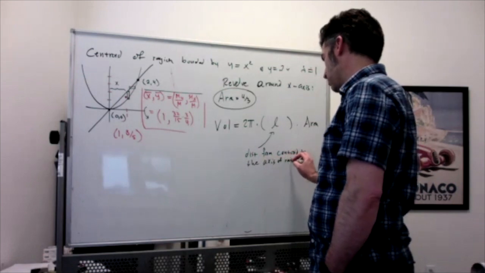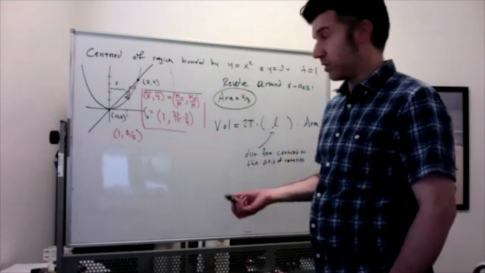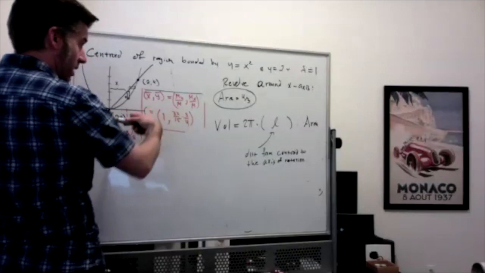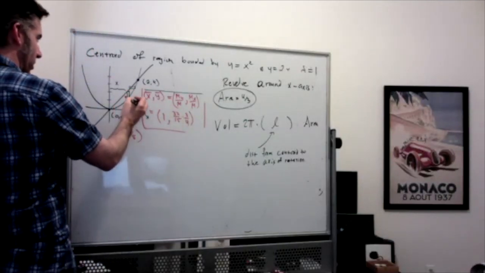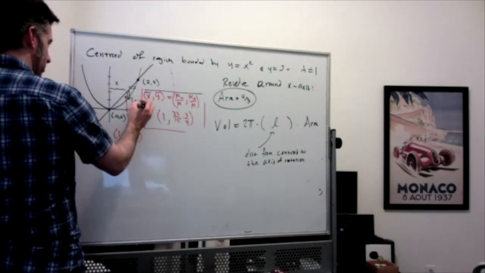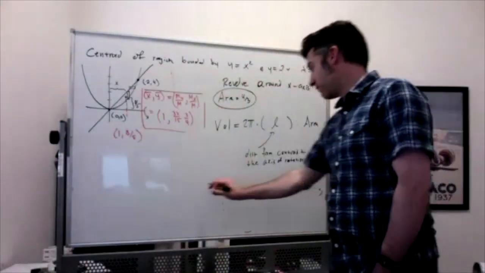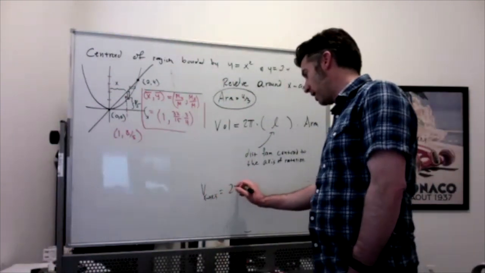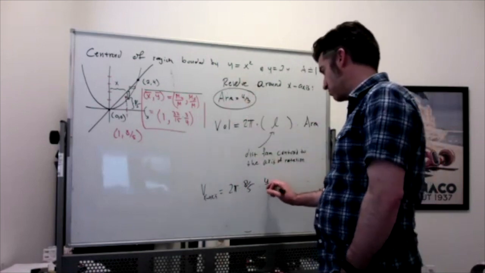This is Pappus's theorem. So for example, this one here, if I was going around the x-axis, the distance from the centroid to the x-axis, well, that's just the y-coordinate, which is going to be 8/5. So if I revolve this around the x-axis, the volume is going to be 2 pi times 8/5 times the area, which is 4/3.